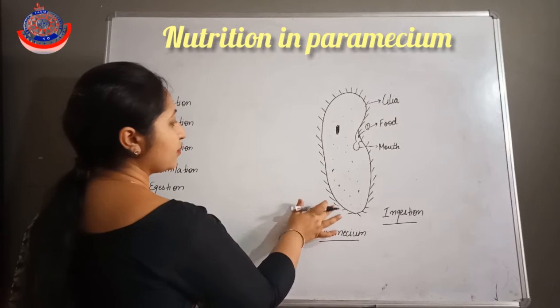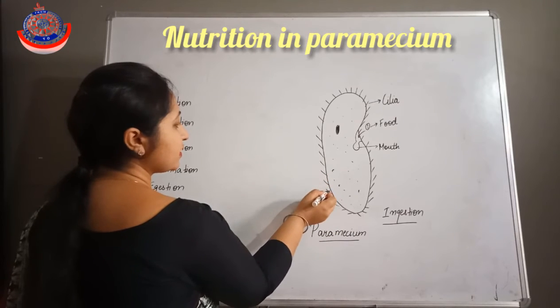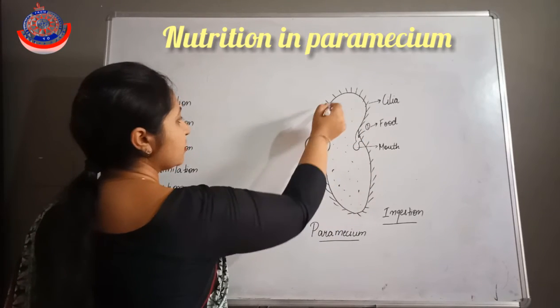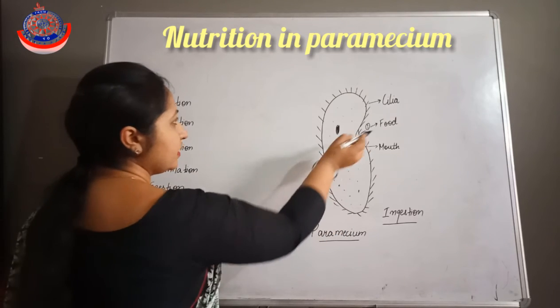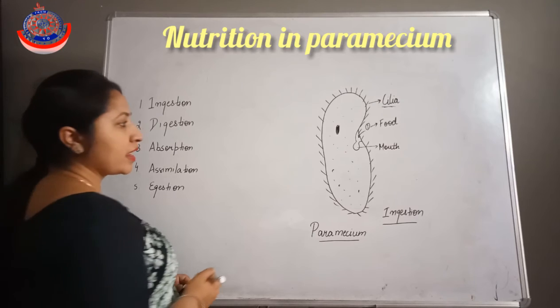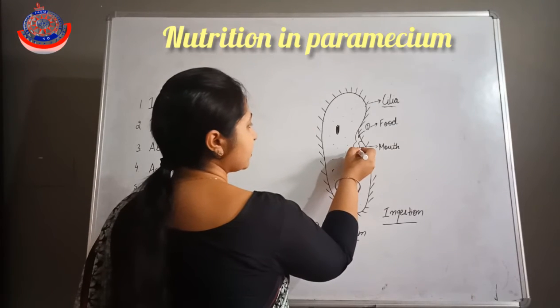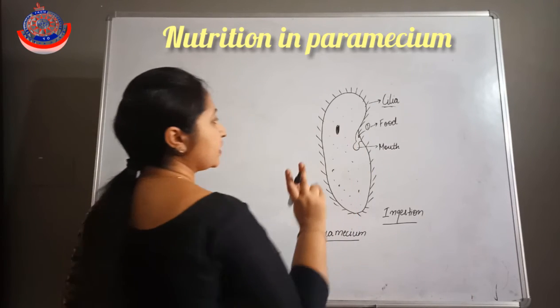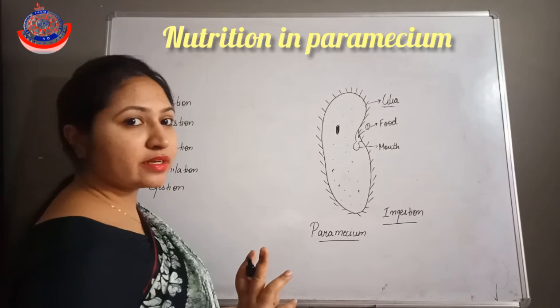In this diagram, you can see various hair-like structures present over the body, known as cilia, and here a mouth is present. But in amoeba, a mouth is not present.